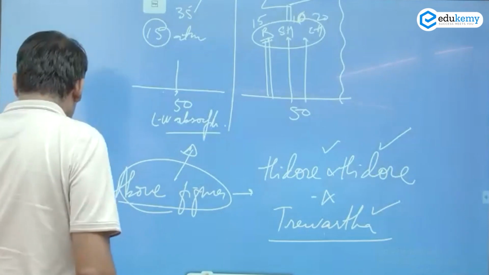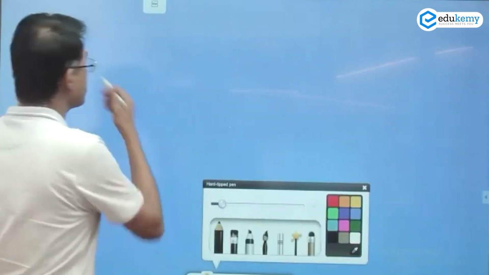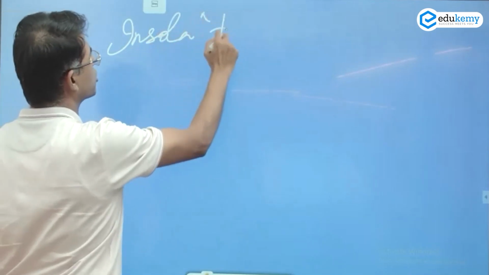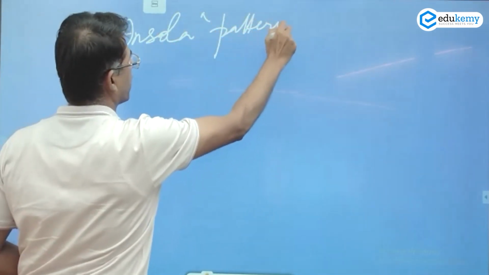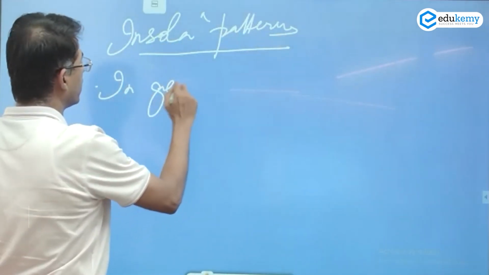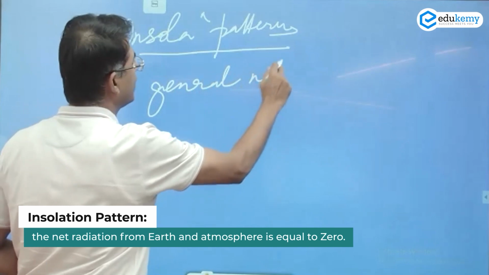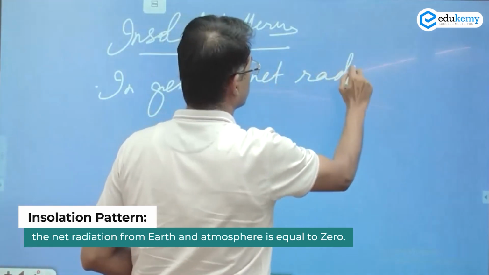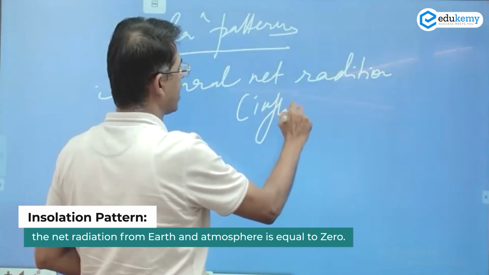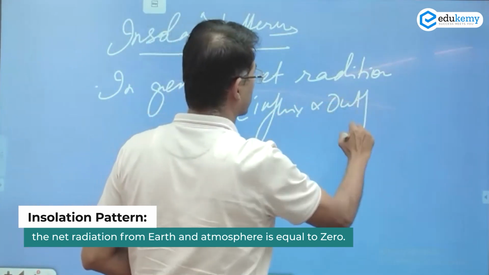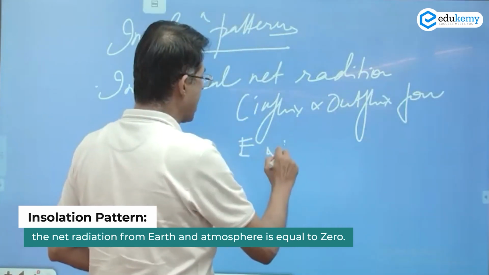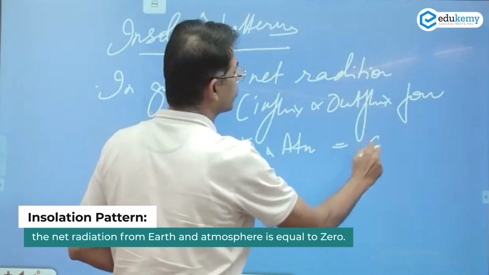Okay. Apart from this, I would like you to know something about the insolation patterns. Now see, in general, the net radiation, the influx and the outflux, from Earth and atmosphere is equal to 0.